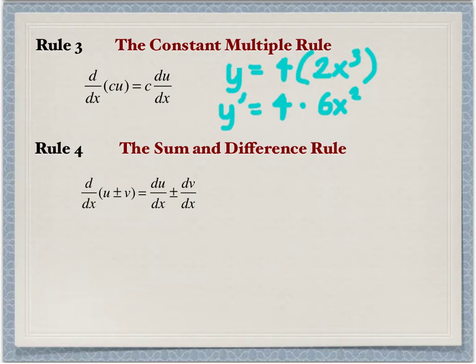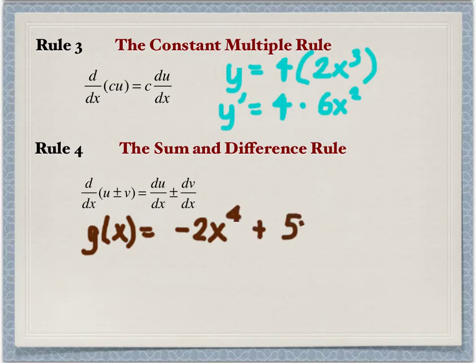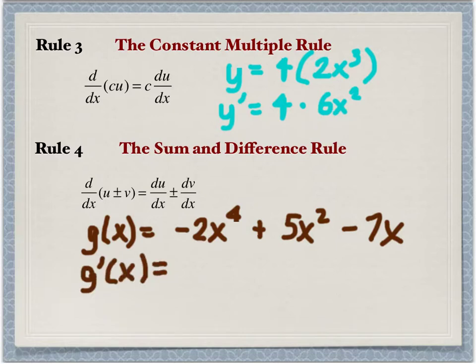Alright, sum and difference rule. Here's another one that's pretty useful. We'll use that quite a bit. This is just saying that if you have the derivative of a sum or difference, you're just going to take the derivative of each single thing. For instance, if I had g of x equaling negative 2x to the fourth plus 5x squared minus 7x, and I want to find the derivative, I just take the derivative of each single item.